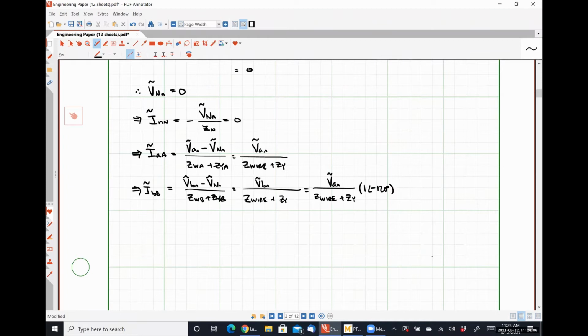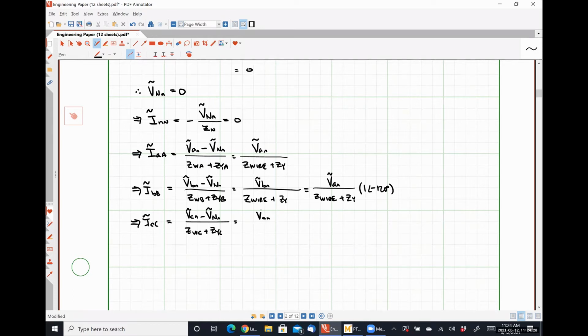And finally, our line current ICC is going to be VCN minus VNN over ZWC plus ZYC.